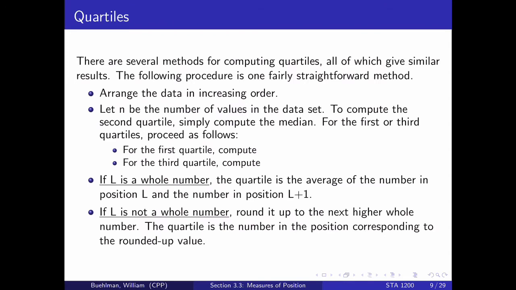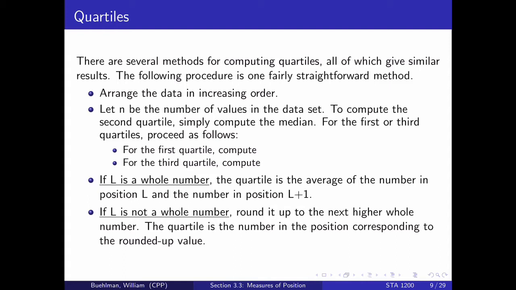There are several methods for computing quartiles, all of which give similar results. The following procedure is a fairly straightforward method. So we're going to arrange the data in increasing order, as again before with the steps with the median. Let n be the number of values in our data set. To compute the second quartile, simply compute the median, again. For the first or third quartiles, proceed as follows.